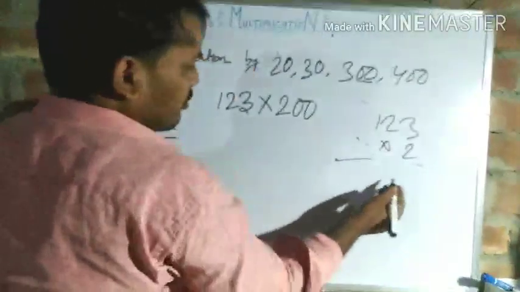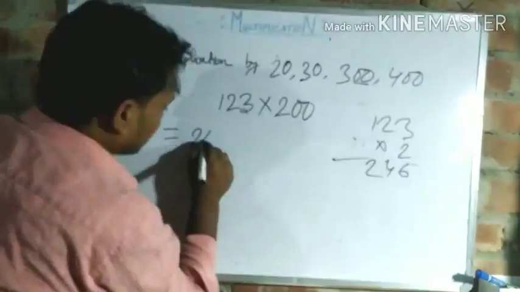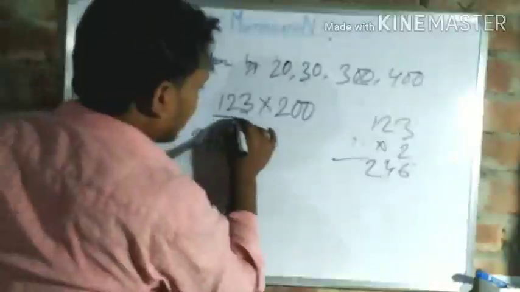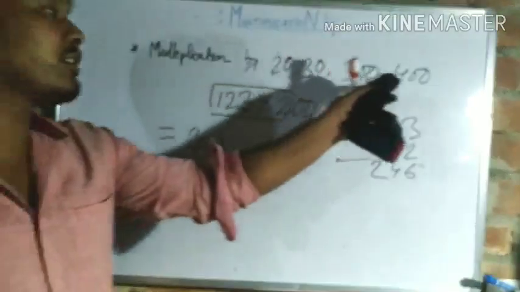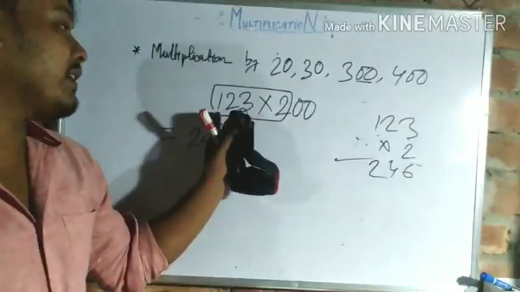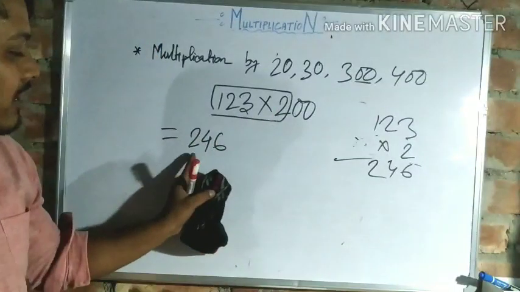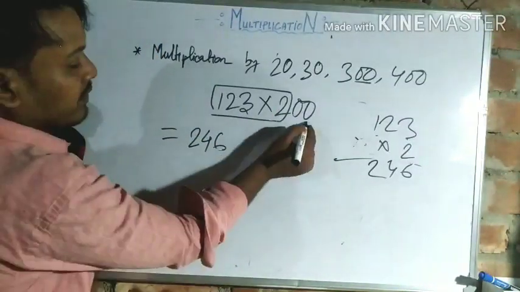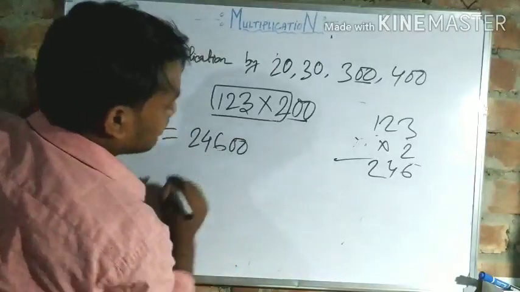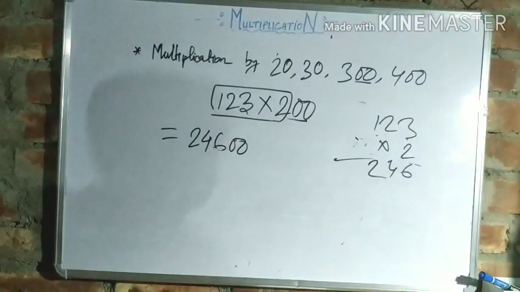So 123 into 2 is 246. So what is the rule for this one? Multiply first the values without zeros. If we multiply without zeros, then the result is 246, and put the zeros at the last. So 24600 is the result.